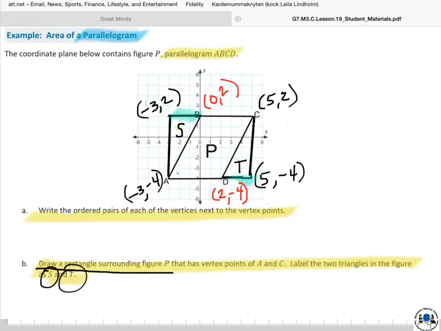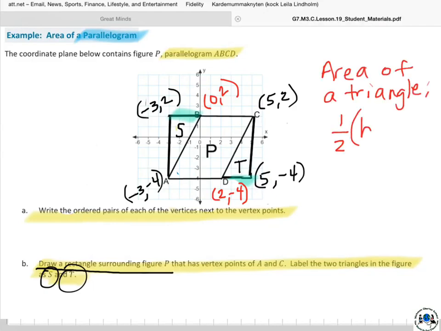So we needed a couple more ordered pairs, because we need those when figuring out the lengths of the bases of those triangles. Now we write our area of a triangle formula, which is half base times height. We talked about this, I think, last lesson.